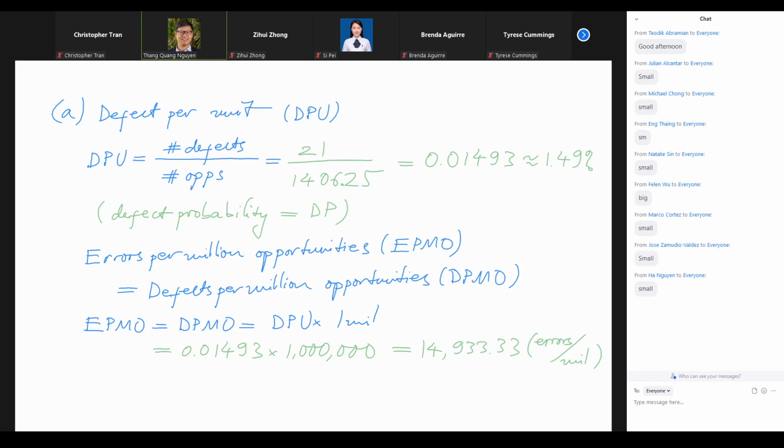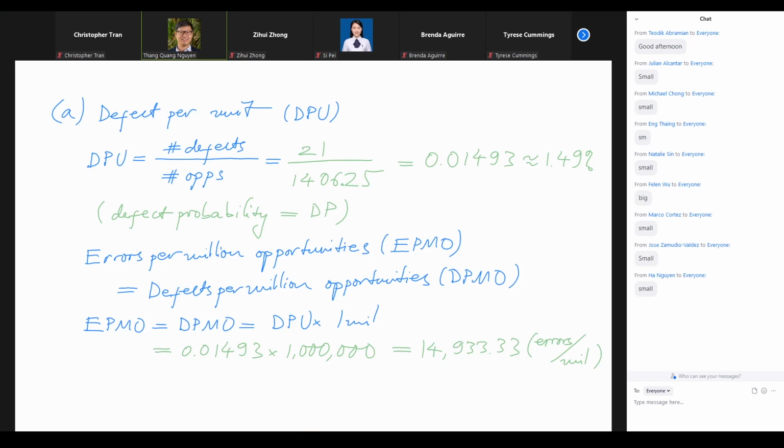Then 1.49% is a big deal because it means that the company will have to spend a lot of money to fix the problems, remedy the situations, take the returns back, and then send the correct items back to the customers, right? It costs a lot of money. So we don't want this to happen, right?